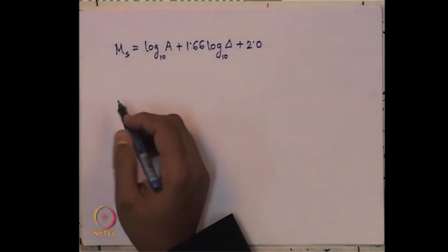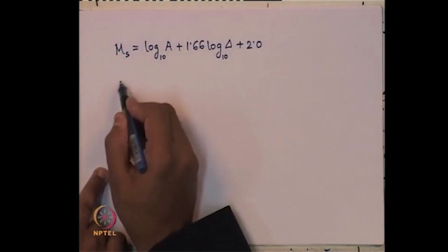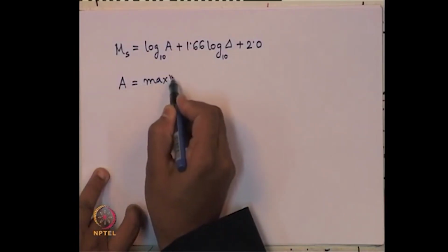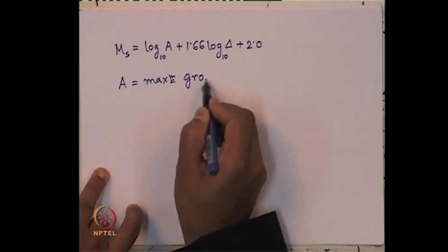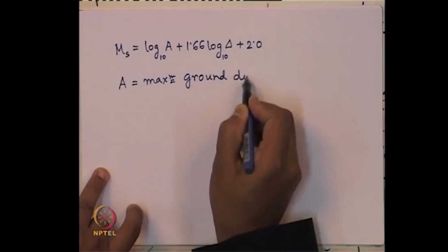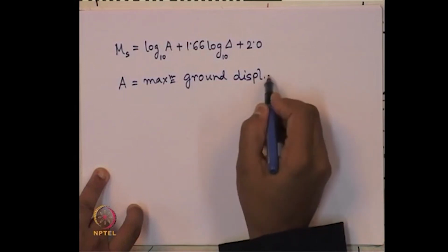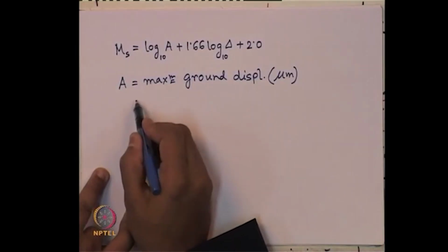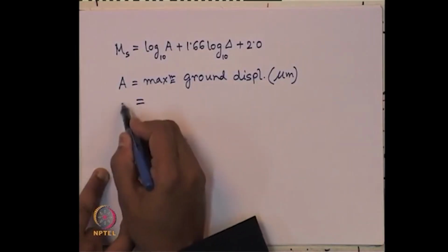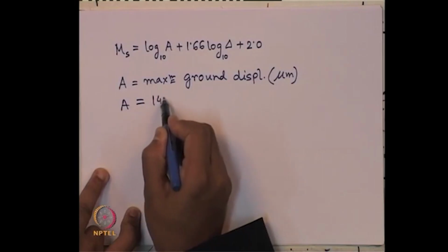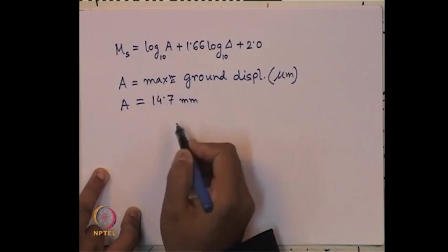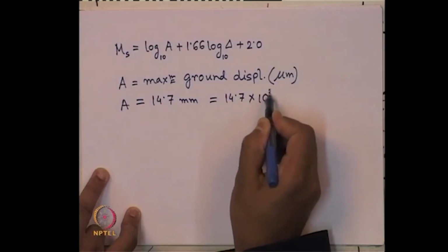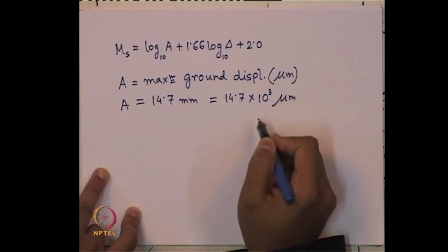Now, in this case, what is the value of A? A is the maximum ground displacement in the unit of micrometer, not millimeter. So, this value is given to us as 14.7 millimeter, which is nothing but 14.7 into 10 to the power 3 micrometer.